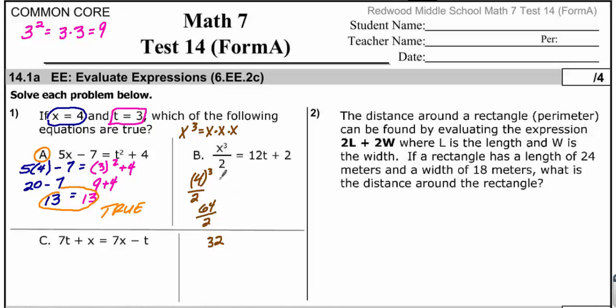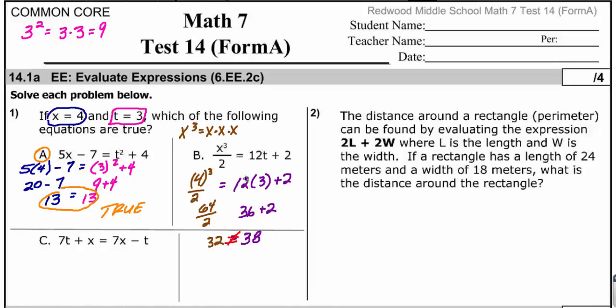We'll use the space down below. That is equal to 12t, which means 12 times 3 plus 2, and 12 times 3 is 36 plus 2, so we're saying that is equal to 38. And you know for a fact that 32 is not equal to 38.